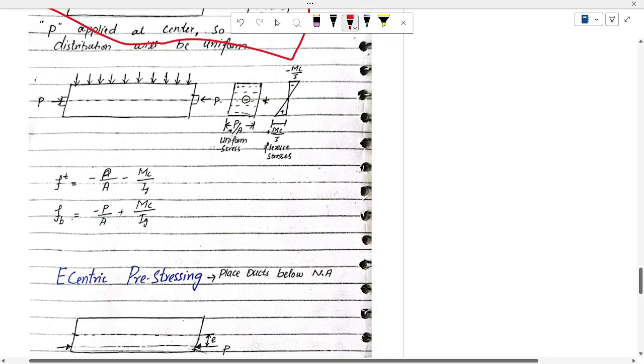Let's see when there is external load. Then there will be the uniform stresses plus the stresses caused by the external loading.